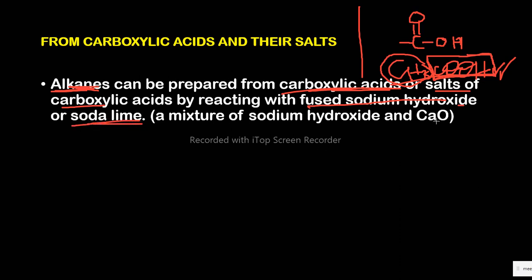It is a mixture of calcium oxide, this is a solid, and then sodium hydroxide. So when you mix the two, you get soda lime or fused sodium hydroxide. When you react this fused sodium hydroxide with a carboxylic acid, then you produce an alkane.